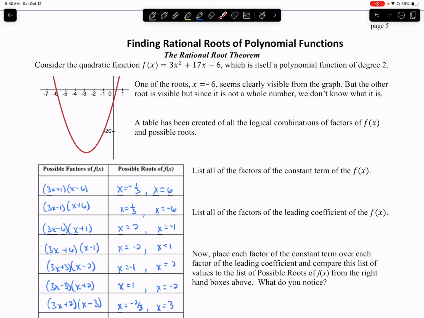Maybe we're an Algebra 1 student, and we wanted to know what combinations of factors could possibly multiply out to get this. So the method that you would do is we need two numbers that multiply to get negative 18 and add to get 17. And there are lots of combinations of numbers that multiply to get negative 18.